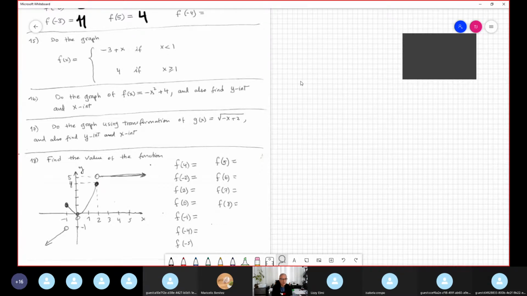Do the graph of this and also find the y-intercept and the x-intercept. Okay, let's do it, easy. It's a parabola, no? But in this parabola we have transformations. Let's say 16 is: do the graph of the function f of x equals minus x squared plus 4, and also find the y-intercept and the x-intercept. Okay, let's do it.